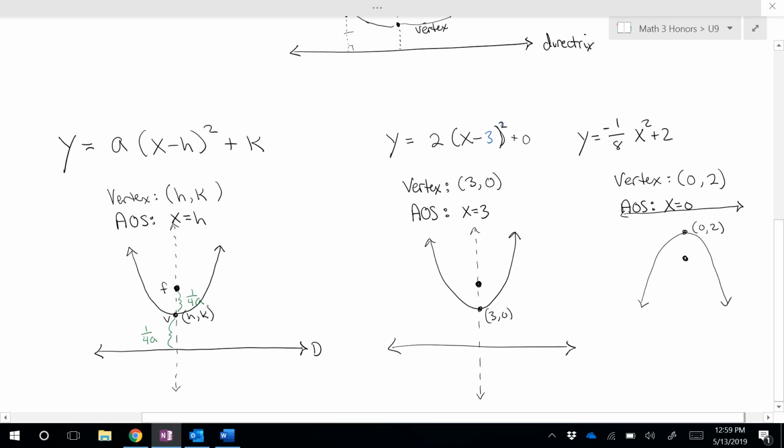So what would be the distance here? So if a is 2, right? Then 1 over 4a would be what? 1 over 8. Okay. And in the second one, if a is negative 1/8, what would 1 over 4a be?